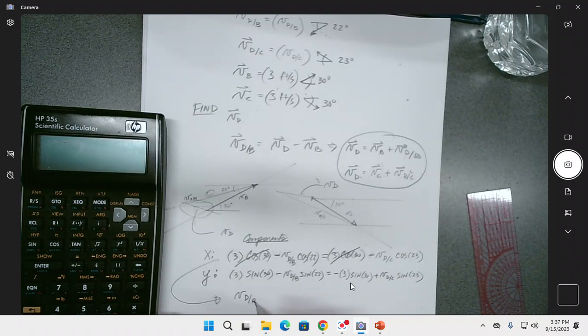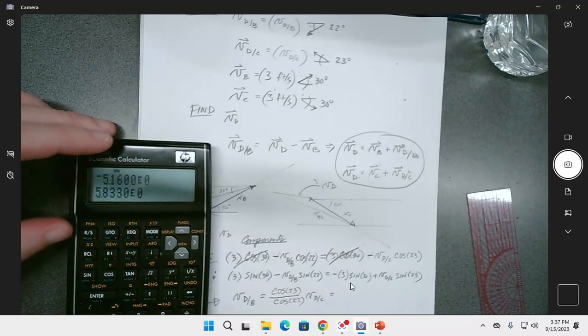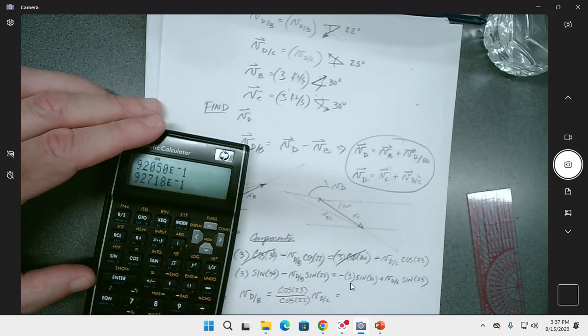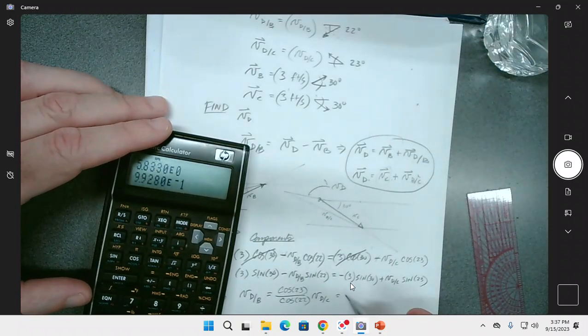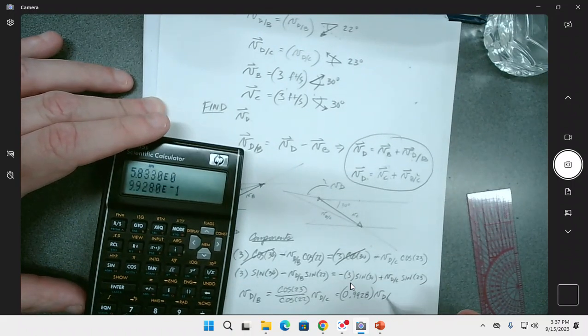So VB with respect to D is just going to be cosine of 23 divided by the cosine of 22 times VD with respect to C. So we have 23 cosine 22 divided. So we get 0.9928 VD with respect to C.